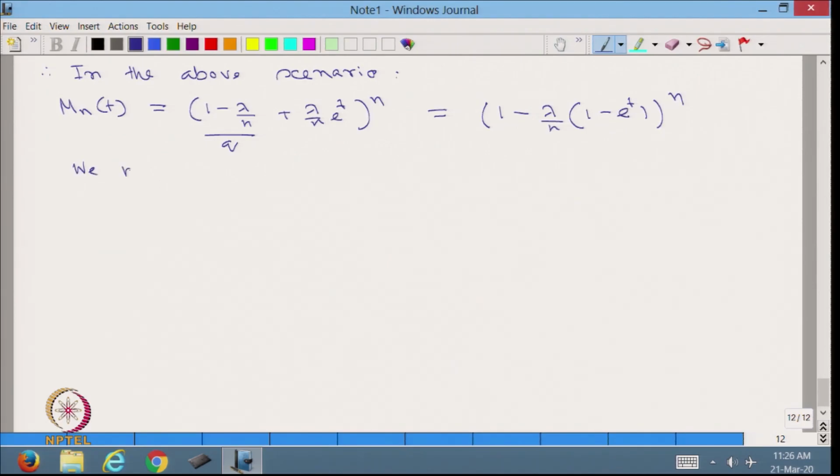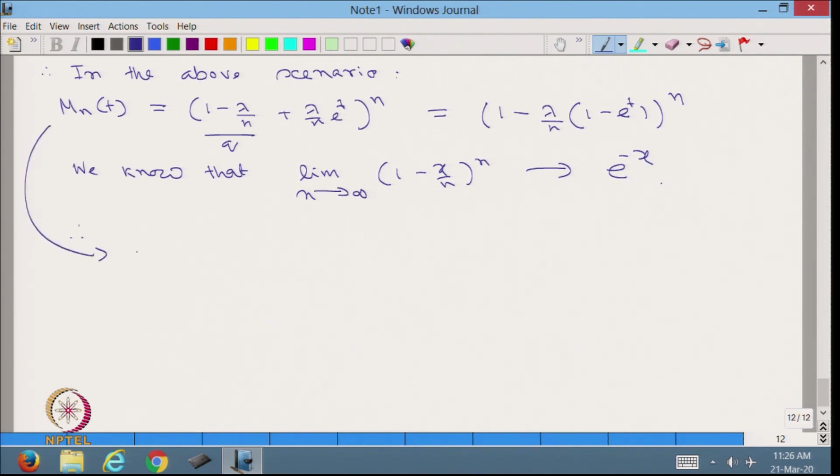We know that the limit as n goes to infinity of (1 minus x by n) whole to the power n converges to e to the power minus x. Therefore, this M_n(t) converges to e to the power minus lambda times (1 minus e to the power t).